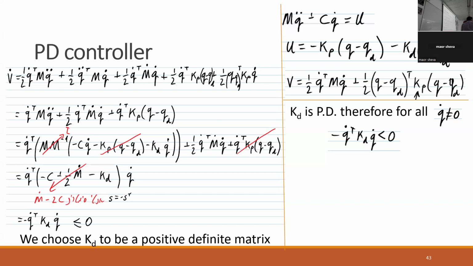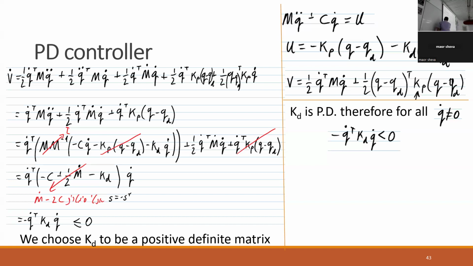And therefore, any quadratic form of M dot plus minus 2C will be 0. So I have here a quadratic form, q dot transpose times minus C plus half M dot times q dot.